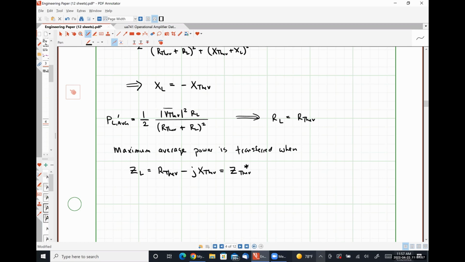So under this constraint, where ZL is exactly equal to the complex conjugate of Z Thevenin, the maximum power absorbed by our load impedance comes out to be 1/8 the magnitude of our Thevenin voltage squared divided by, excuse me, instead of having RL here, let's put R Thevenin.